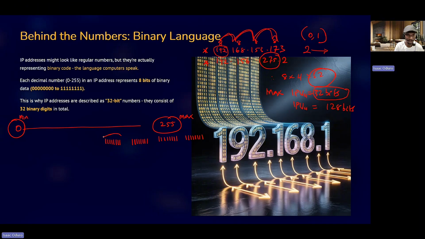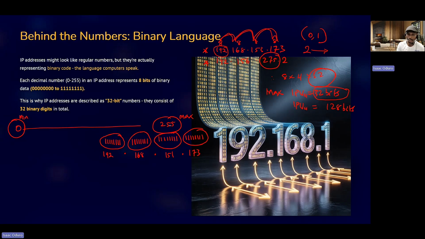So this is 8 bits of the IP address part, another 8 bits, and another 8 bits. So this IP address that I've written here, 192.168.151.173, each octet represents 8 bits.